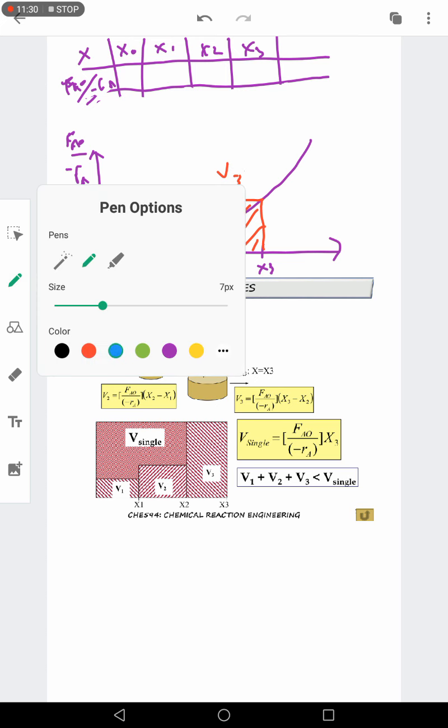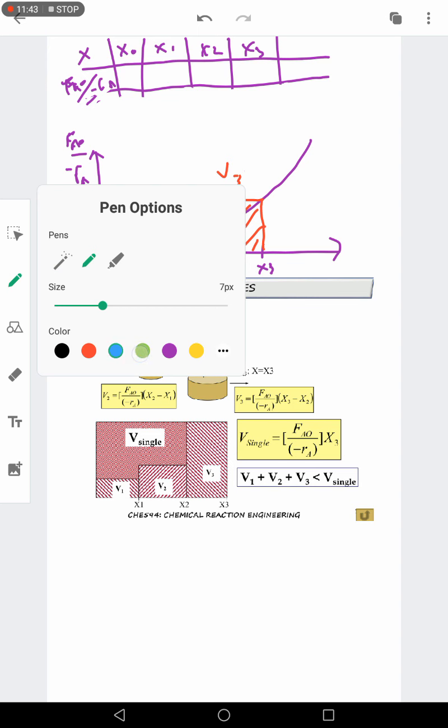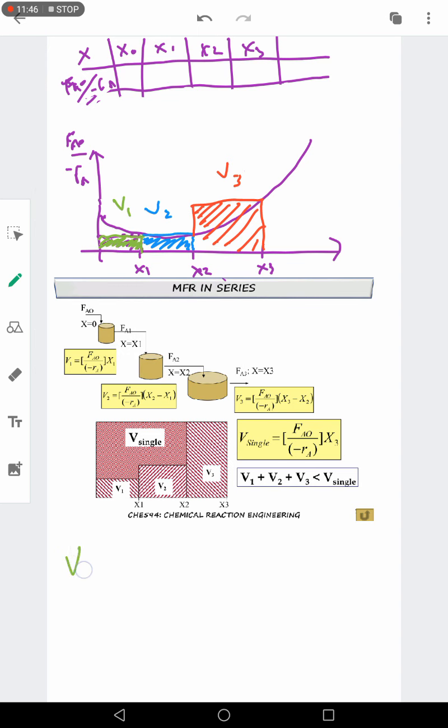So this one is V3, and the earlier one was V2. This means, based on this graph, for V1 earlier, I showed FA0 minus FA1 over RA. RA1 is the same because it is a single reaction. So the reaction rates RA1, RA2, RA3 are all the same.